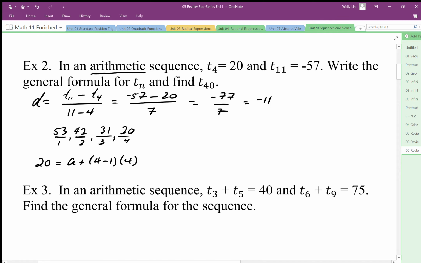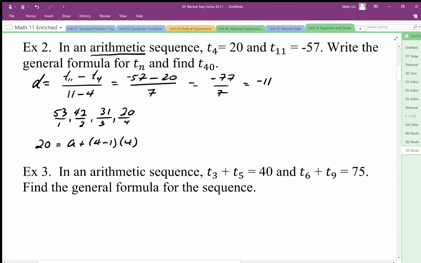Oh, sorry, the common difference was not 4. The common difference was negative 11. So we end up with 20 is equal to A plus negative 33. Solving for A, add 33 to both sides. I get A is equal to 53, which is what I got when I counted back.